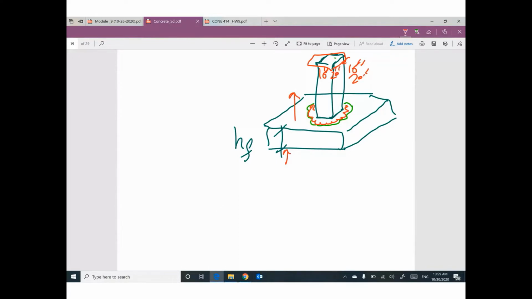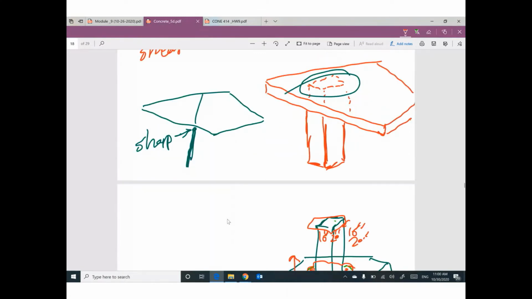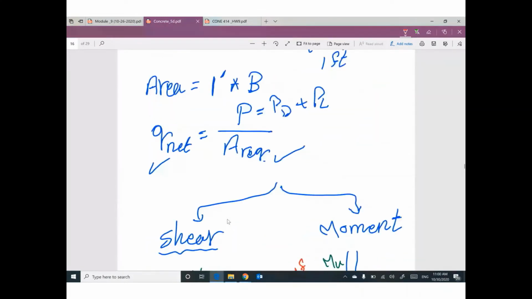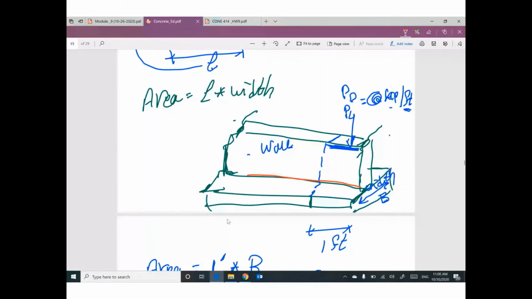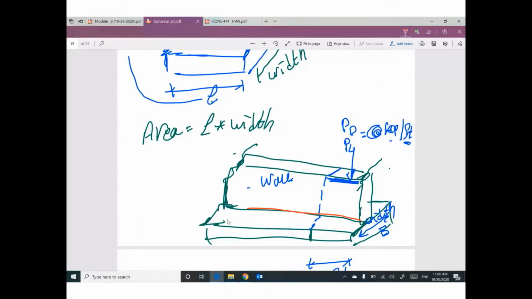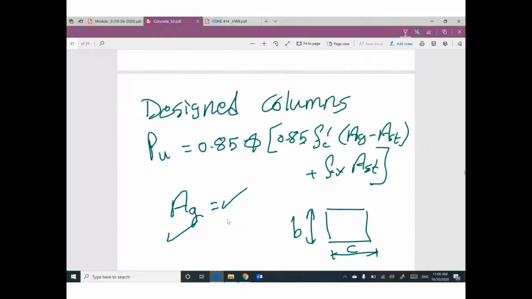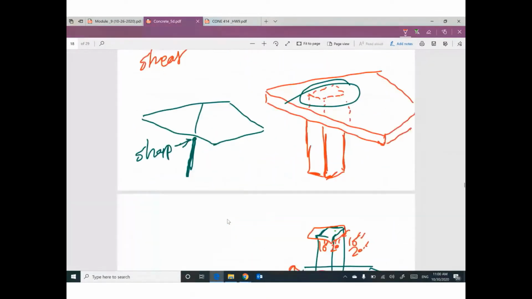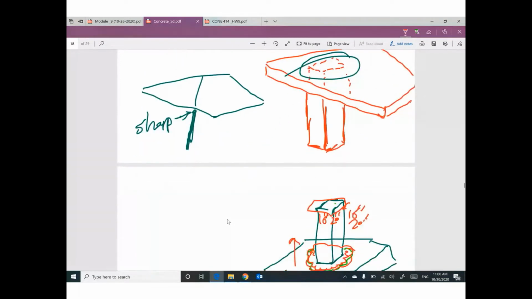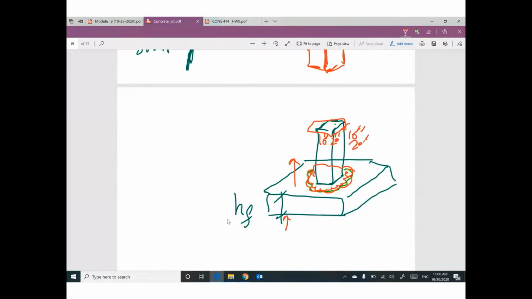We still have one vertical element with a certain dimension, so I expect punching for this part of the footing. We never heard about punching in strip footing. It's not an issue. This issue is only related to a column supported by a footing. If you have a column, you can expect punching and also shear.